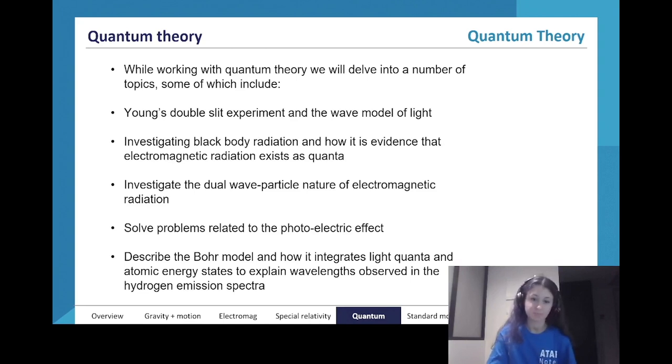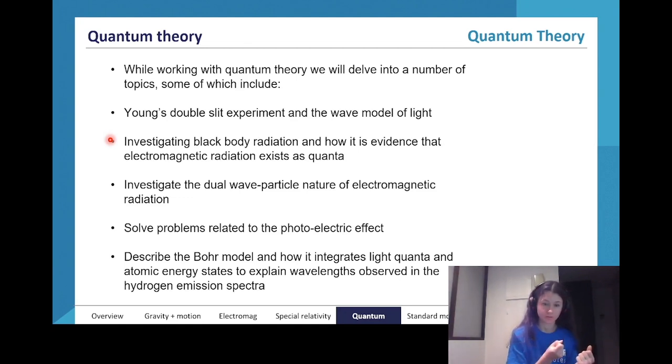The tricky thing with Young's double slit experiment and the black body radiation, these two differing experiments done in the late 1800s and early 1900s, provide evidence both that light can act as a wave, but light can also act as a discrete particle.